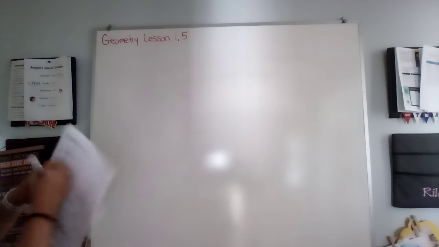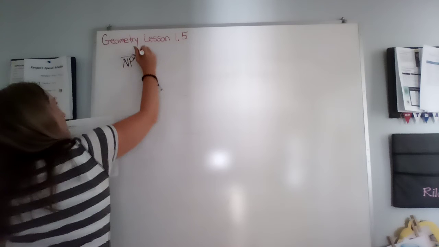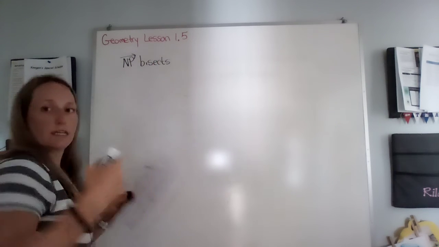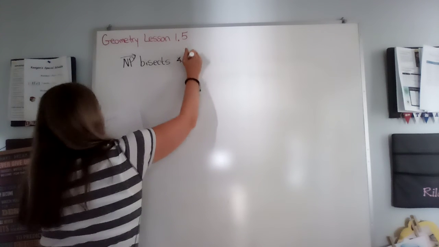All right, so for this problem, it says that ray NP bisects, cuts in half, that's how you need to read it when you read it in your head or out loud, the angle MNS.